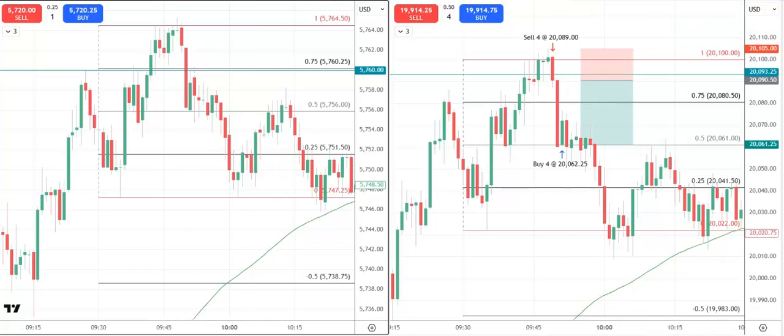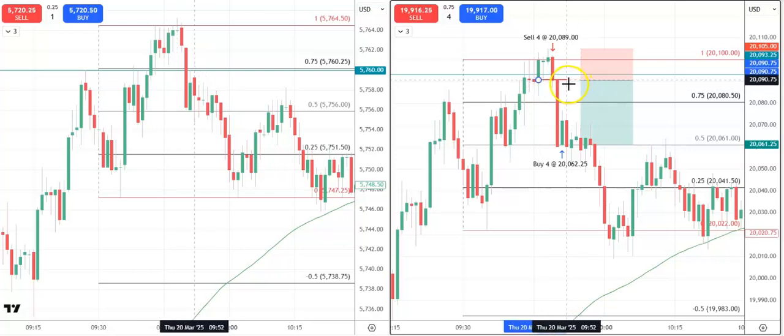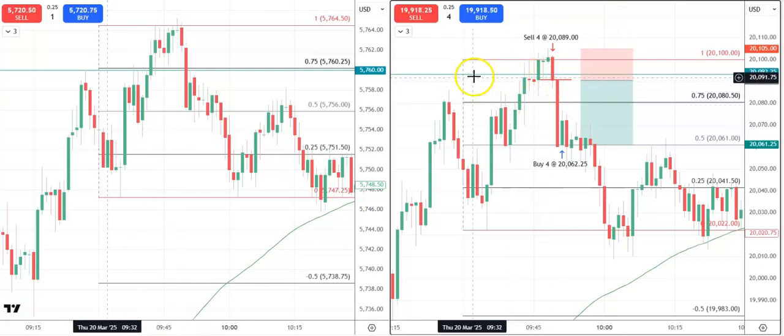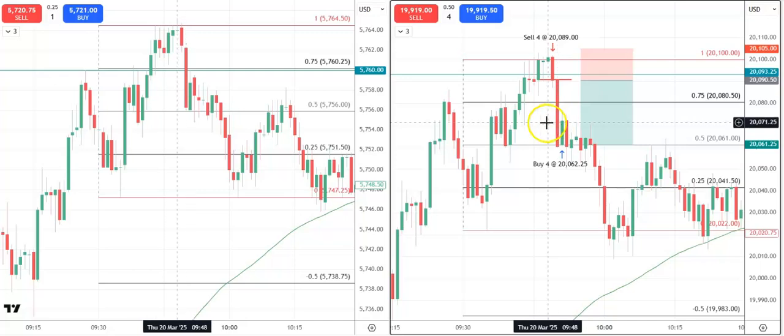If you watched any of my other videos, this is the same thing that I do every time. Or not every time. I got a bazillion different ways to get into these, but this is a very easy way. Come up, take liquidity, come back down. We close right here at the open of this candle.